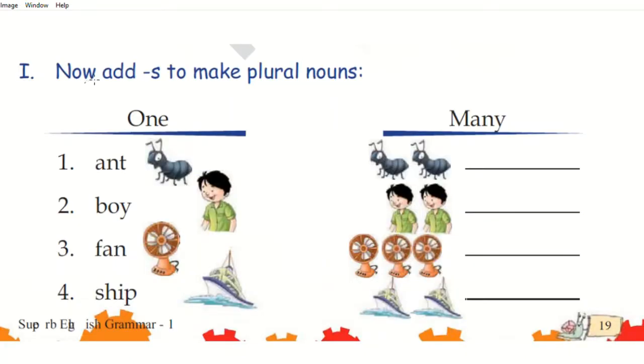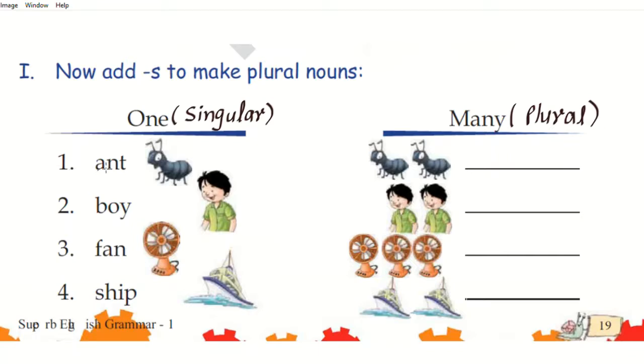Let us start doing question number 1. Now add s to make plural nouns. One stands for singular. Many stands for plural.